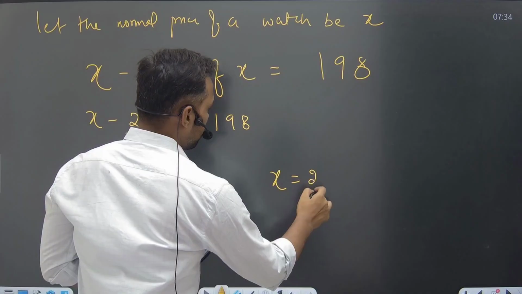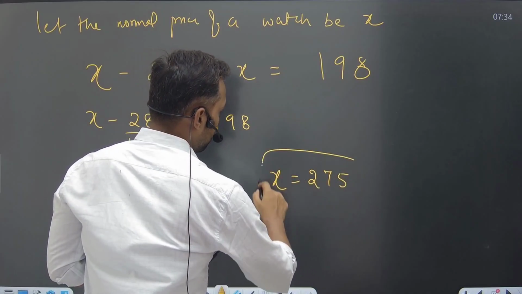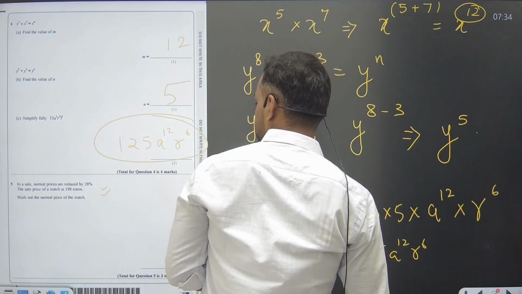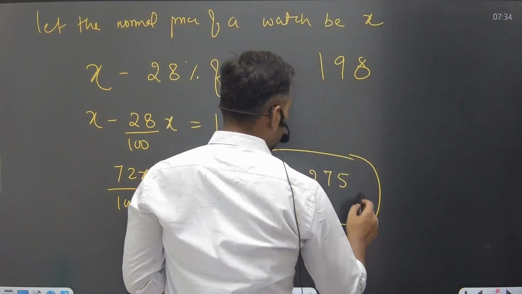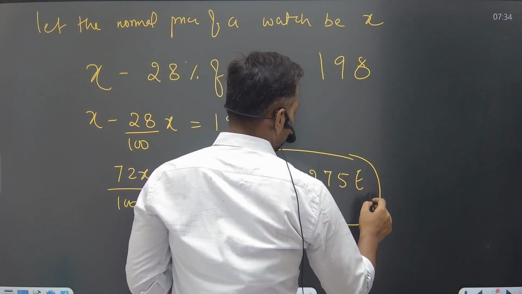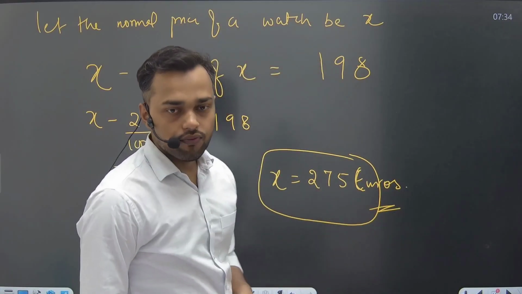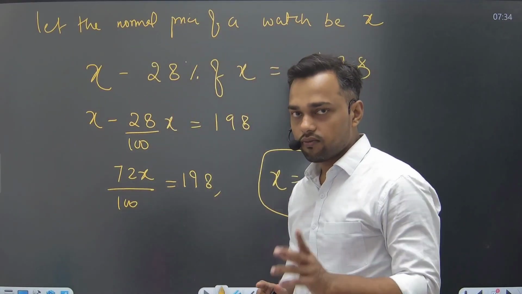So you have received the original value of this particular watch as 275 euros. This was the first way to calculate this question.